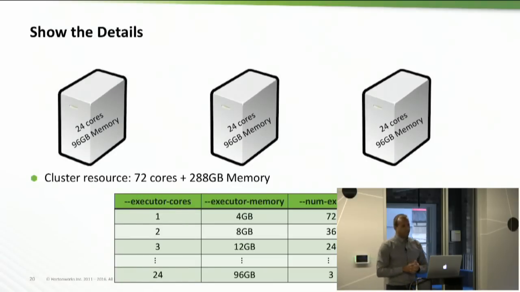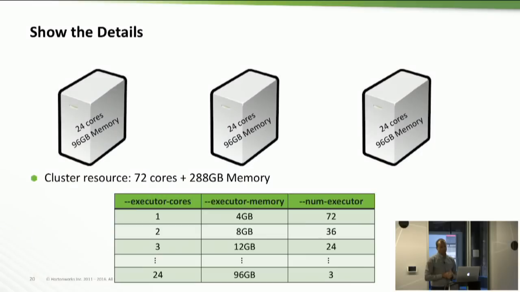we had to run some tests because we had that question ourselves. In this example, I have 3 nodes, 24 cores each, and 96 GB memory, so I have a total of 72 cores and 288 GB memory. My colleague Jerry here ran all these tests. We configured to take advantage of all the memory and executor cores, and we ran different configurations.